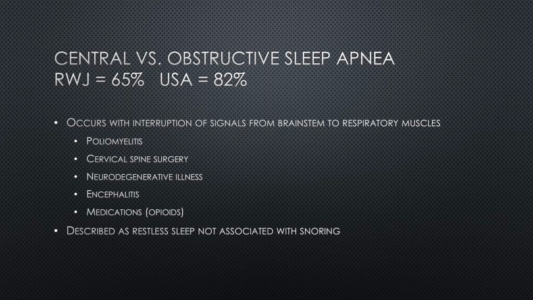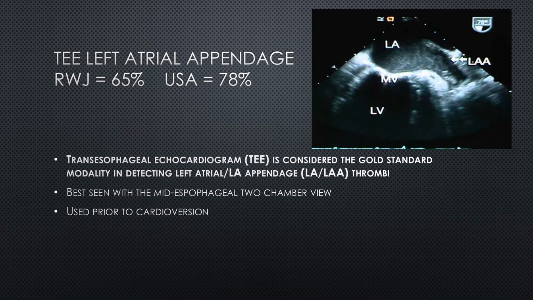In layman's terms, this is described as restless sleep, but not necessarily associated with snoring, frequent waking up at night, and long periods of apnea. I won't go into the exact diagnosis of sleep apnea with the numbers of apneic episodes in a given period of time, but this is the main idea behind central versus obstructive sleep apnea.